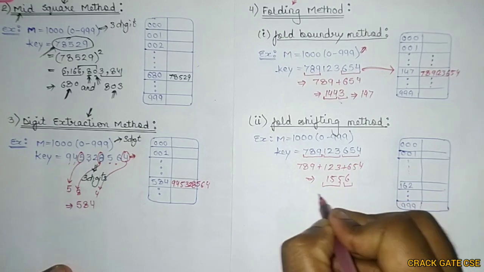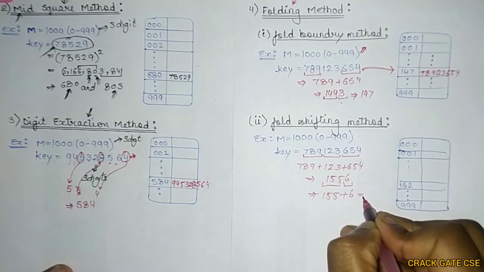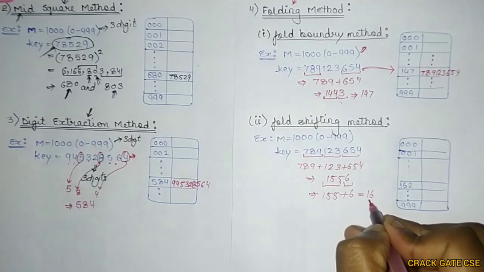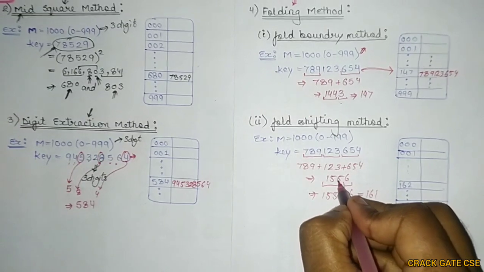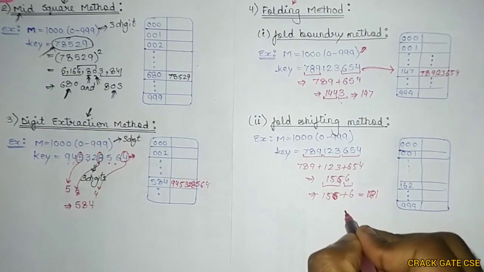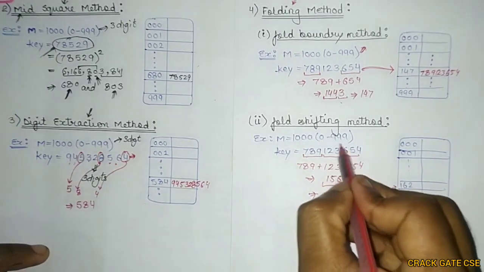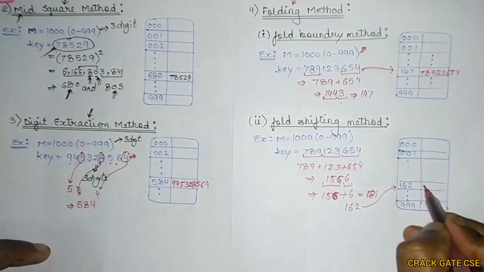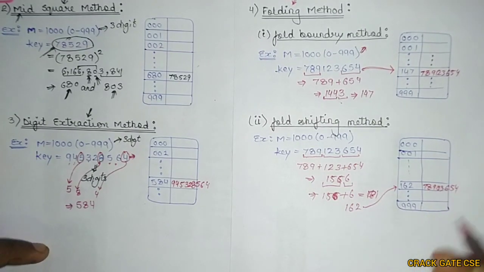So again I am taking 155 and 6. So now what will it be? Sorry, it will be 156 plus... and this value will be 162. That means we will be mapping this particular key to this 162. So 7, 8, 9, 1, 2, 3, 6, 5, 4 will be here.